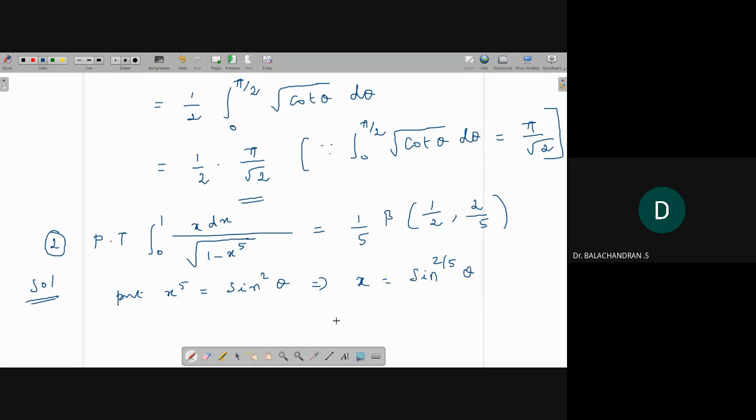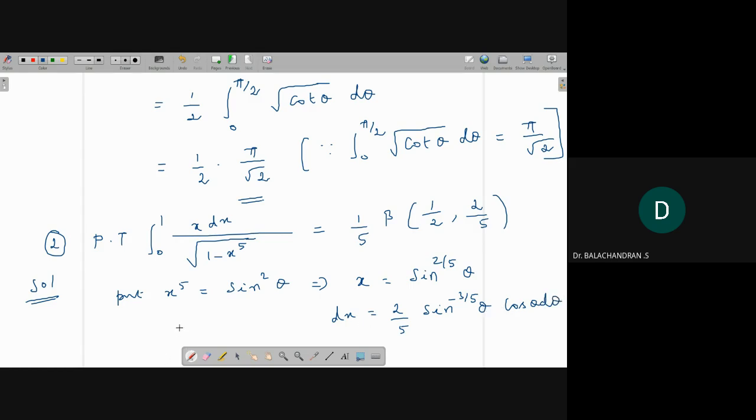So dx is equal to, differentiate with respect to theta, 2 by 5 sine power 2 by 5 minus 1. 2 by 5 minus 1 is what? Minus 3 by 5, theta into, if you differentiate sine theta, you'll get cos theta into d theta. So this is dx.